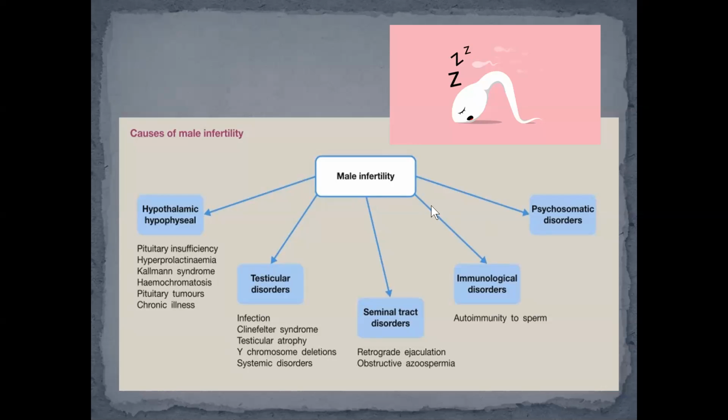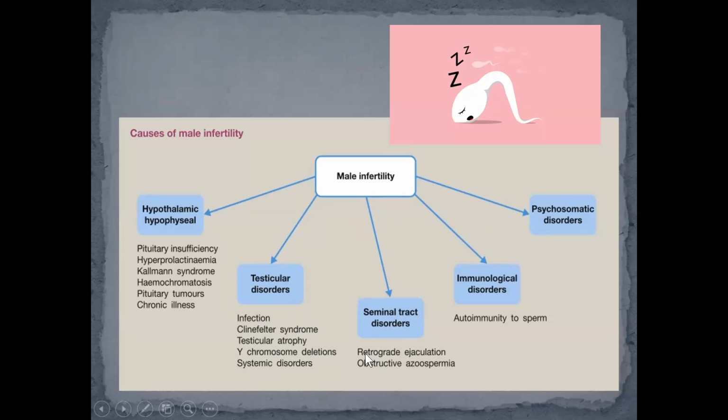The next group is the testicular disorders: different types of infections, Klinefelter syndrome, testicular atrophy, Y chromosome deletions, and systemic disorders.